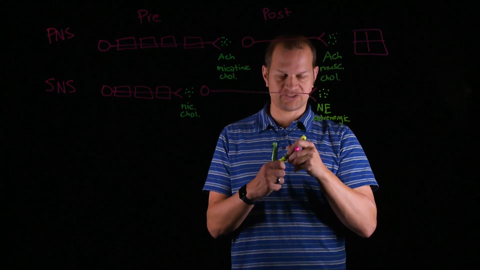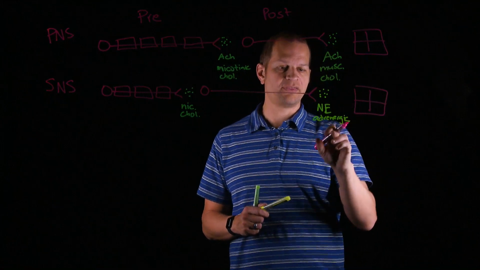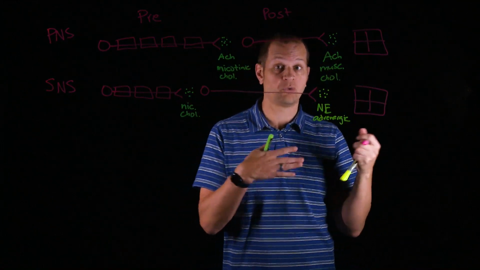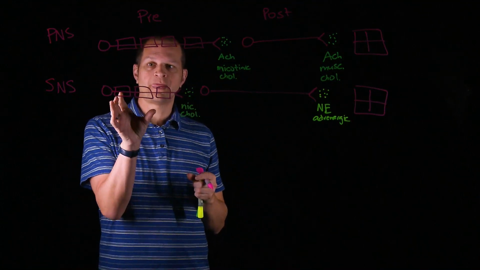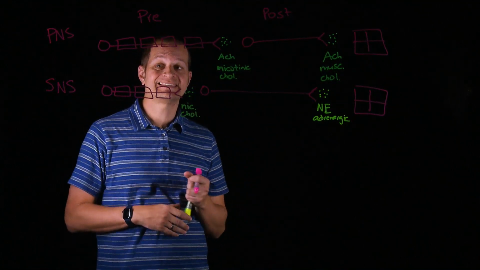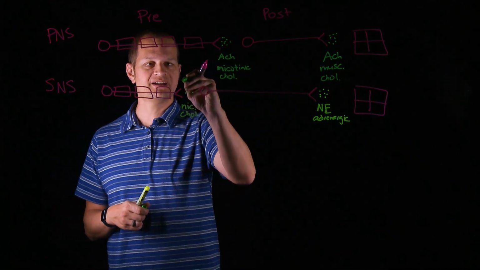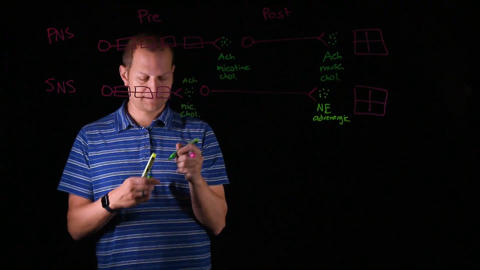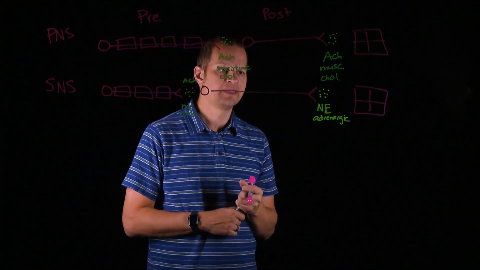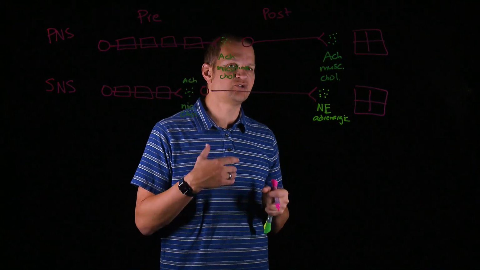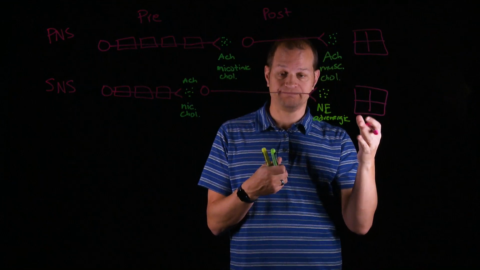Again, I'm just going to draw the heart here, so it does do something to the heart. So the adrenergic receptor would be on the heart or whatever organ that we're talking about. Just a quick recap: short, myelinated, releases acetylcholine onto a nicotinic cholinergic receptor. The postganglionic neuron is long, it's unmyelinated. It releases norepinephrine onto an adrenergic receptor that's on the heart or whatever organ.